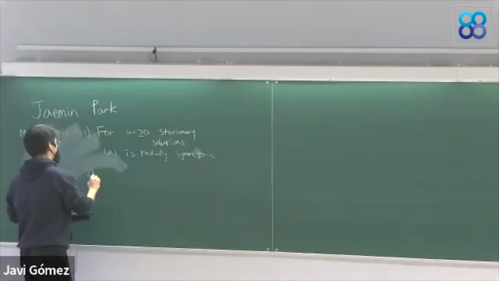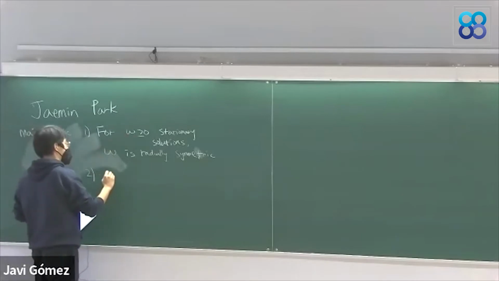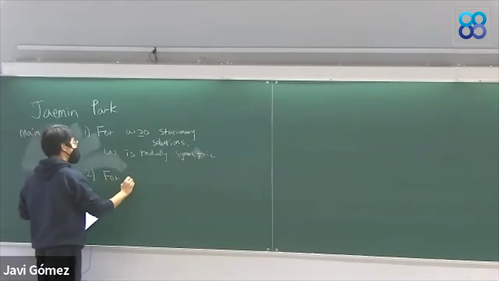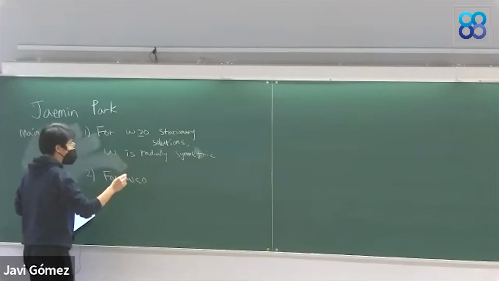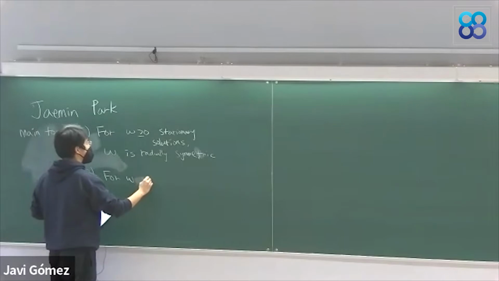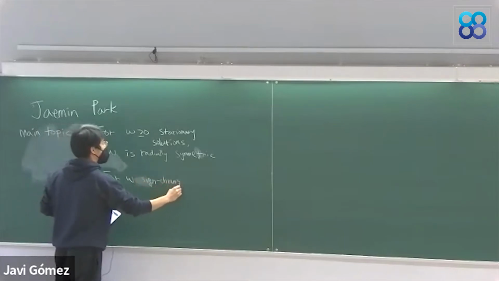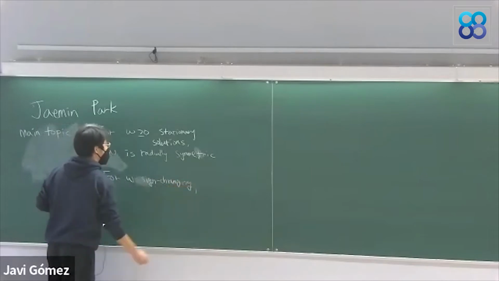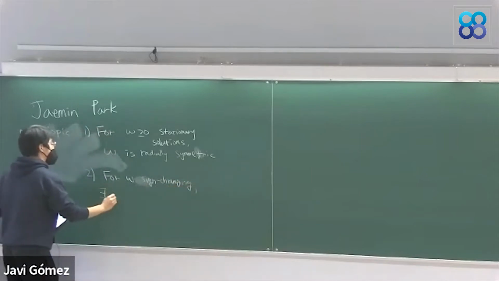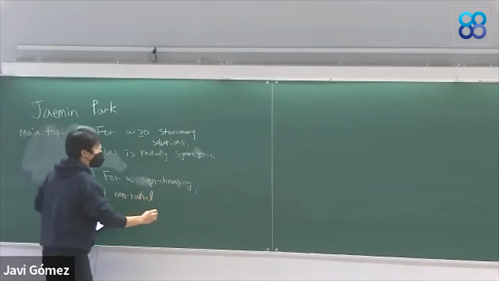And the second part is going to be by allowing omega to change sign. So for omega sign changing, we are going to construct non-radial stationary solutions.